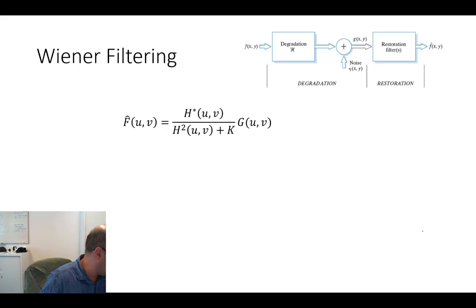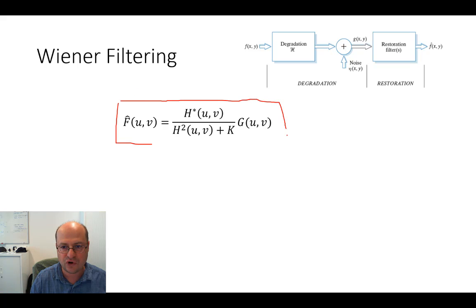The book, in section 5.5, does all of the mathematical derivation for the Wiener filtering, which is quite nice, but we can take for granted that you can just apply this formally, and this represents the whole Wiener filtering, where your reconstructed image is the conjugate of your filter divided by the conjugate of the degradation divided by the square of the degradation.